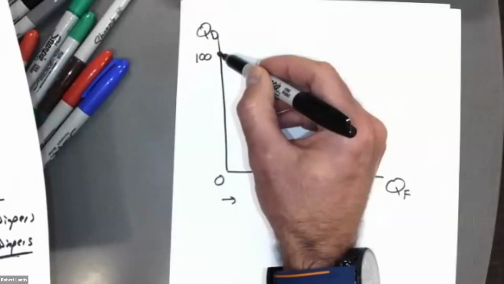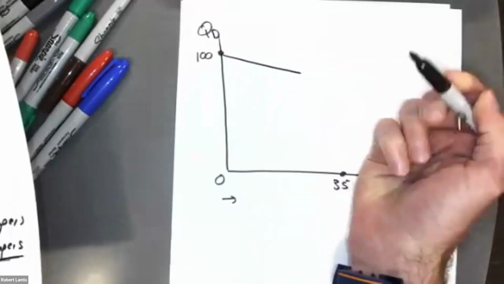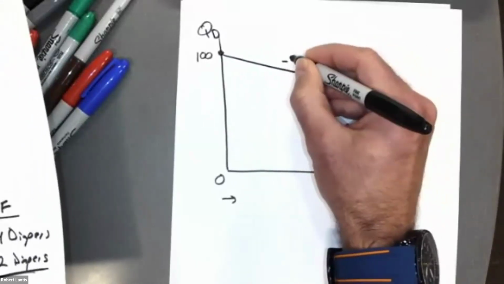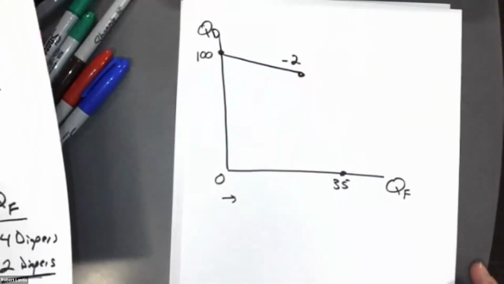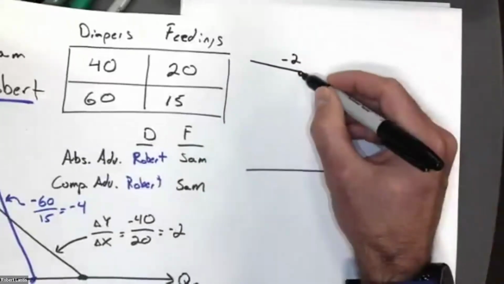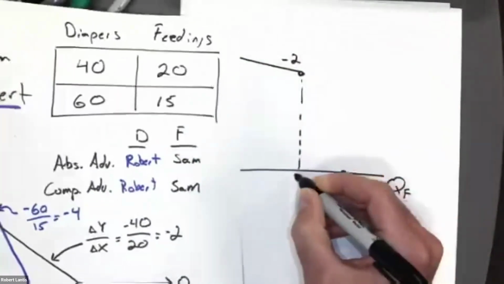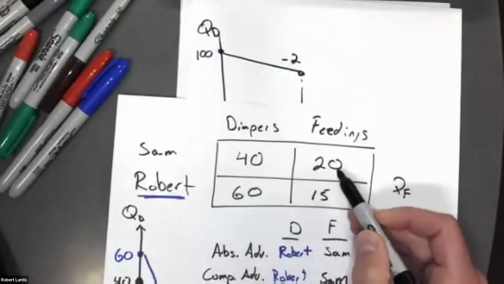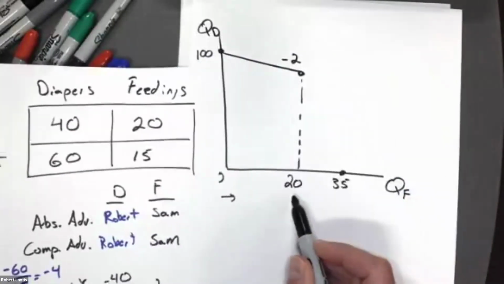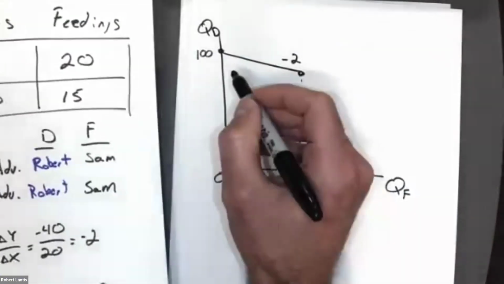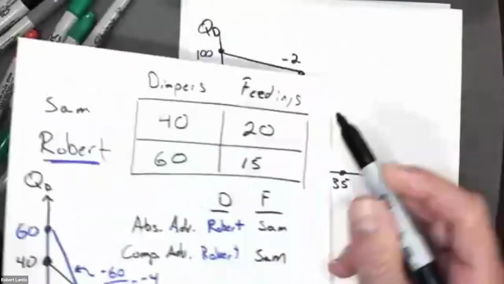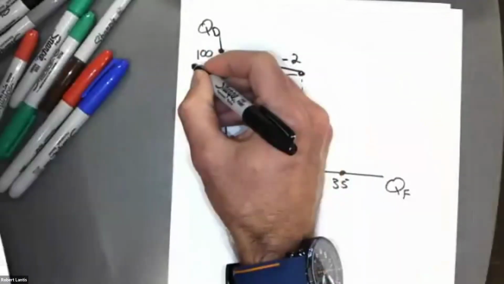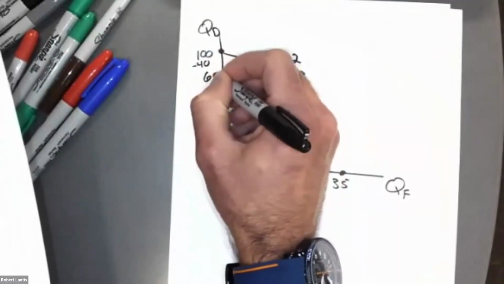So initially, the slope of our production possibilities curve is going to be -2. Right? Now, we're going to get to a point where Sam is using all of her resources to do feedings, which means she is no longer doing any diaper changes. We would lose those 40.